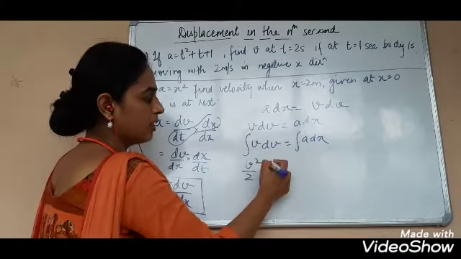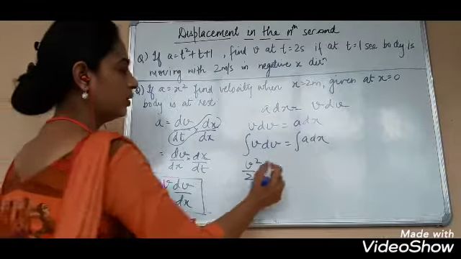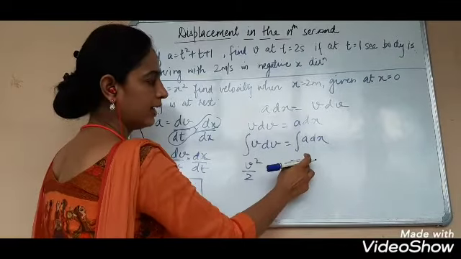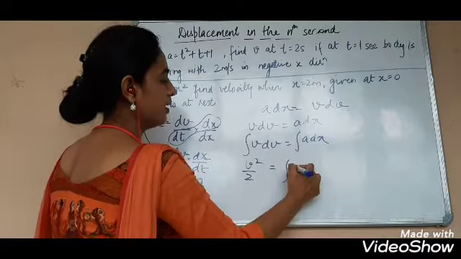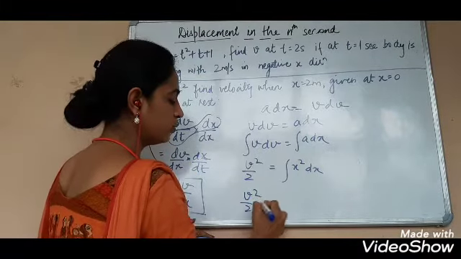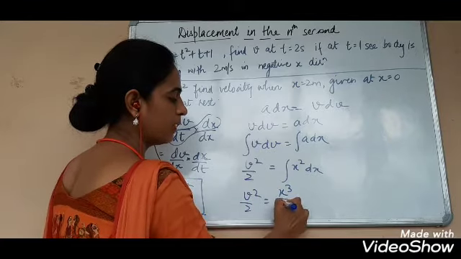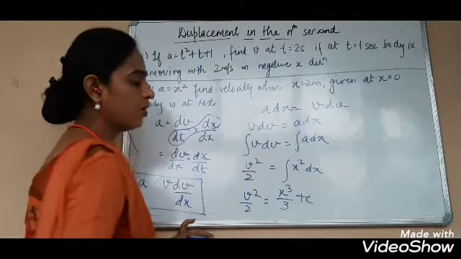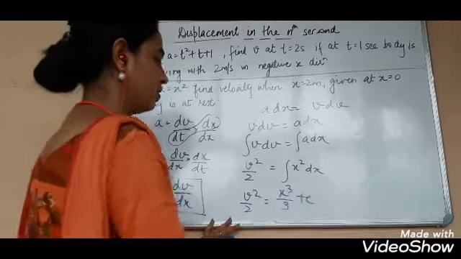v square by 2 is equal to integration of a dx. Integration of a is x square dx. So v square by 2 is equal to integration of x square, which is x cube by 3 plus c. Why plus c? Because again it is an indefinite integration, right?